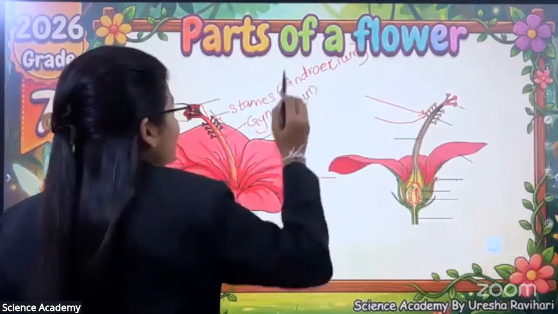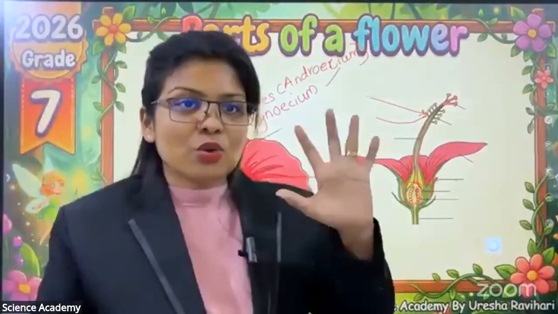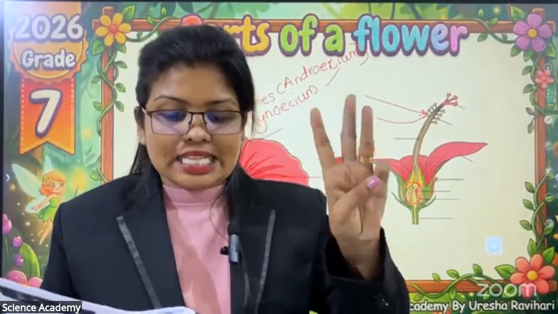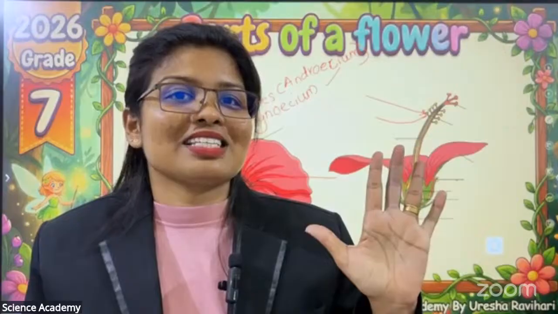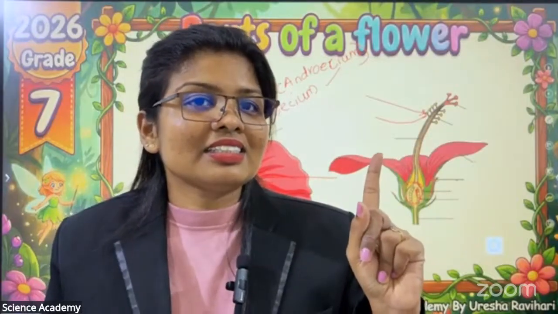Children, I have given three spaces. There are three typical parts of a flower. First one is sepals. Second one is petals. Third one is androecium or gynaecium. Not all flowers bear both androecium and gynaecium. Sometimes some flowers have only one type.